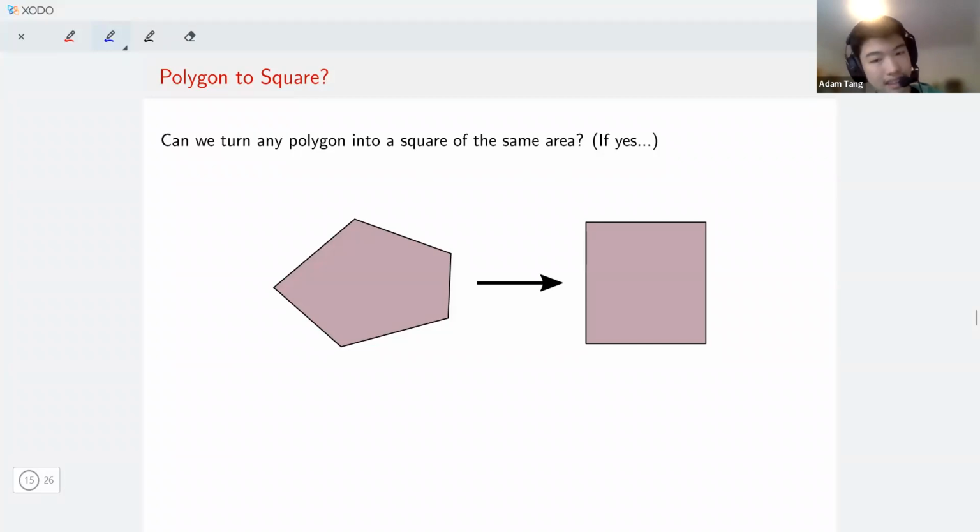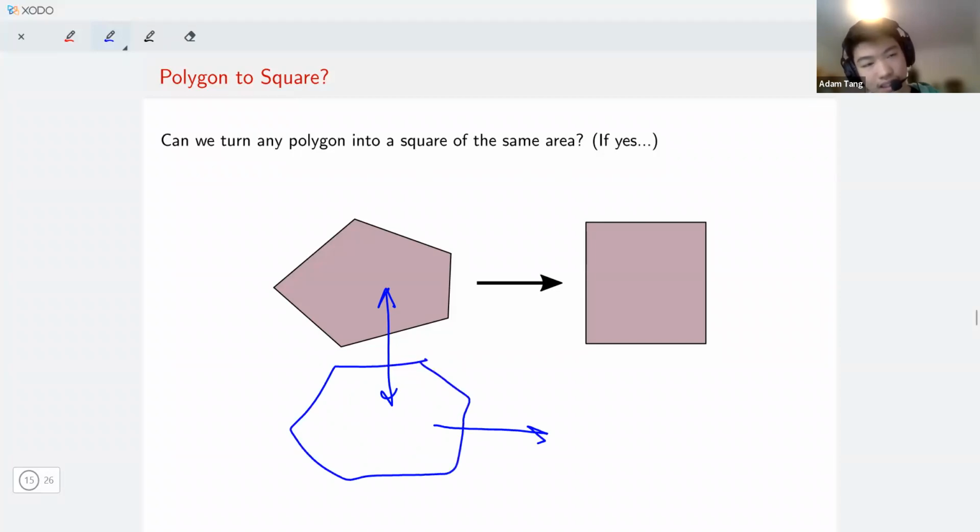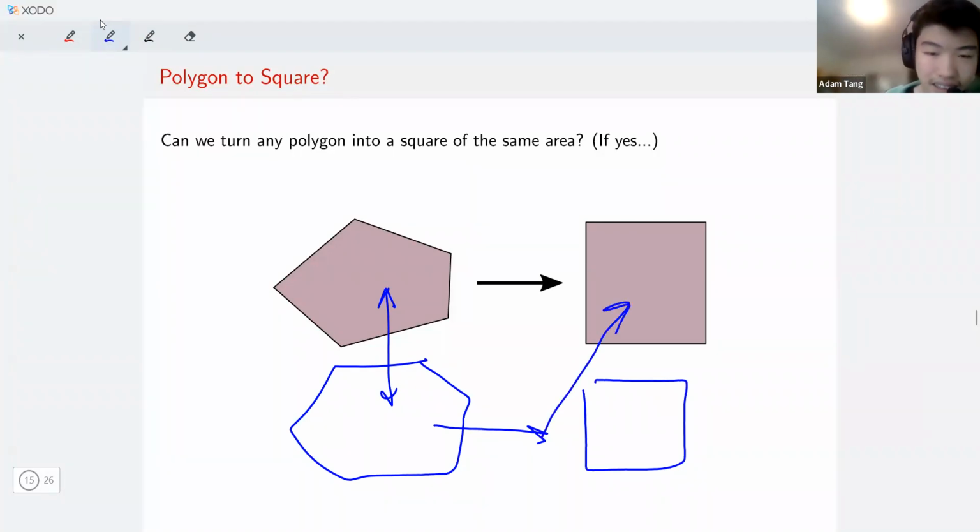If yes, then if we take another polygon of the same area as the original one, we can turn that into an identical square. Then we can show that these two shapes are equidecomposable because they can both be turned into the same square.